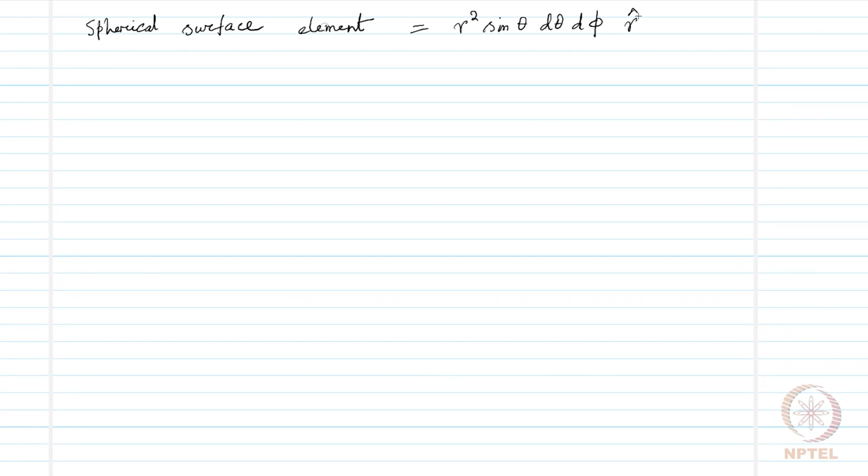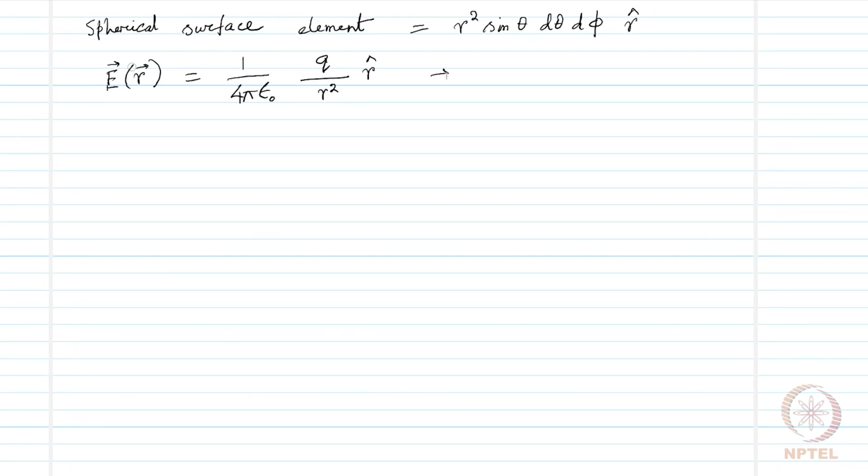Then we know that a spherical surface encloses a volume, and if we have an electric field at the center of the sphere due to a point charge located at the center of the sphere, then we can write the electric field this way. E_r is given as 1 over 4 pi epsilon naught times the magnitude of that point charge, Q, over r squared r cap.